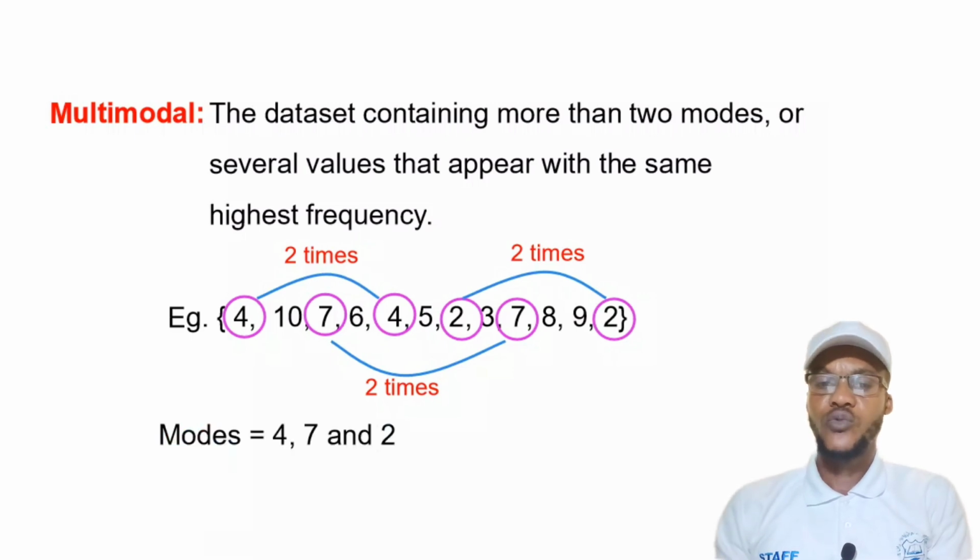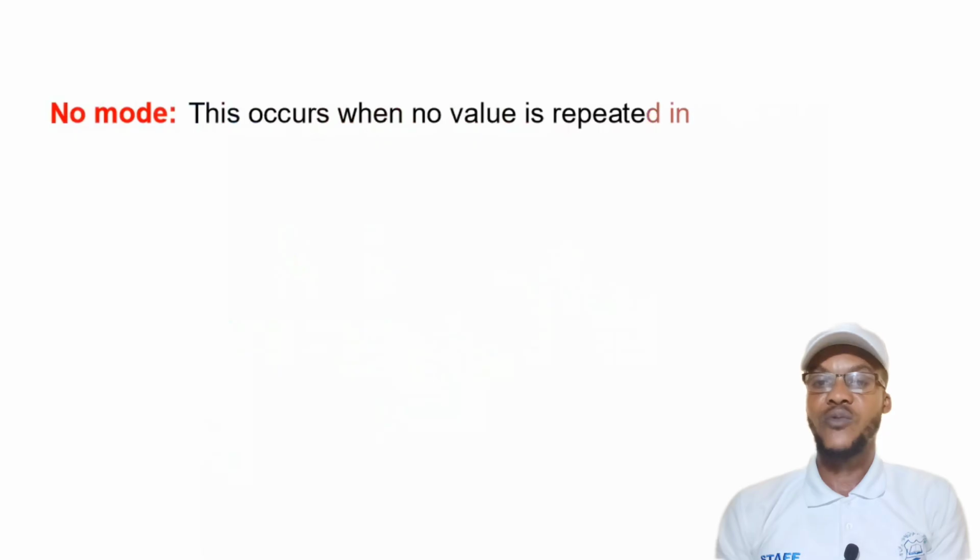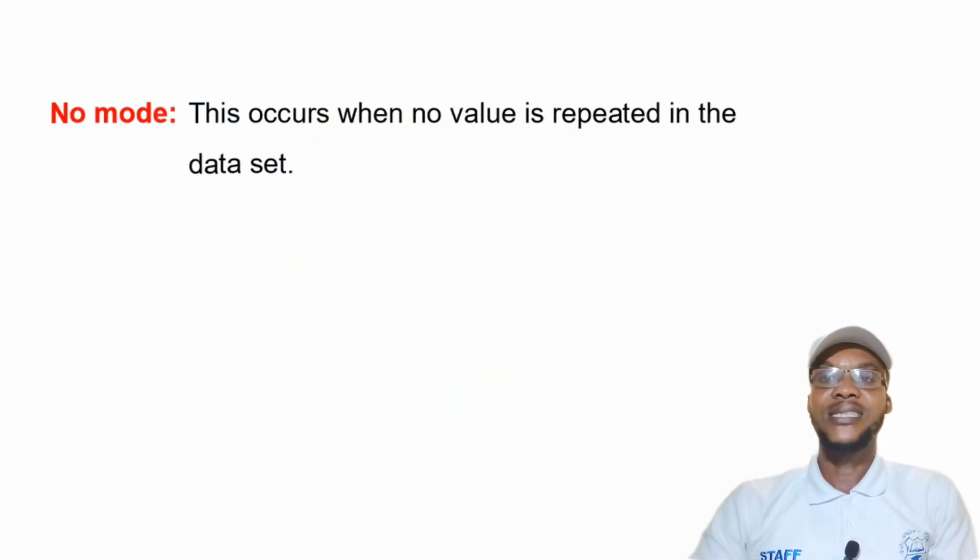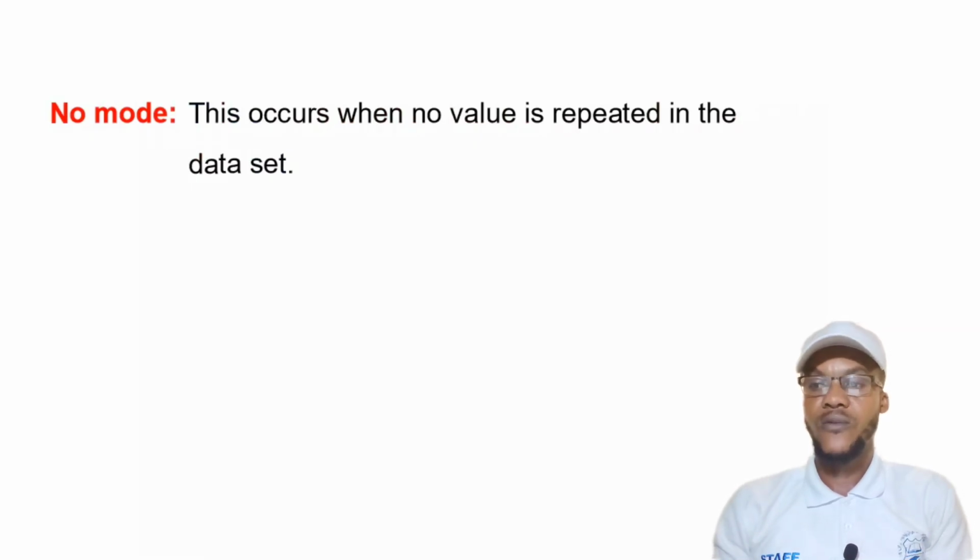We can also have a situation where we don't have any mode. In that case, we say no mode. That is when all the values appear the same number of times. There is no single value that occurs more than any other value in the data set.